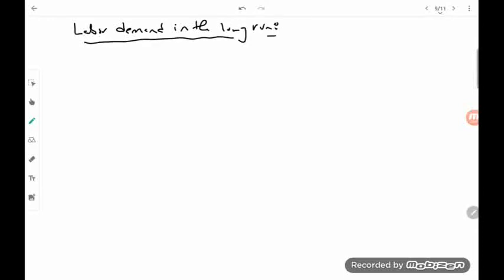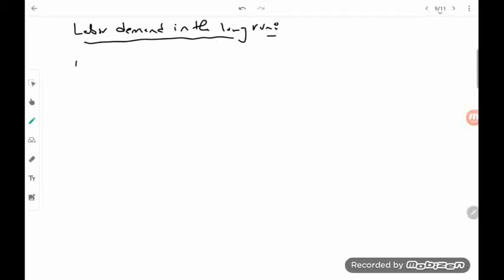What about demand for labor in the long run? In the long run, firms have the ability to adjust inputs, whether capital or labor. So there isn't any fixed factor of production.